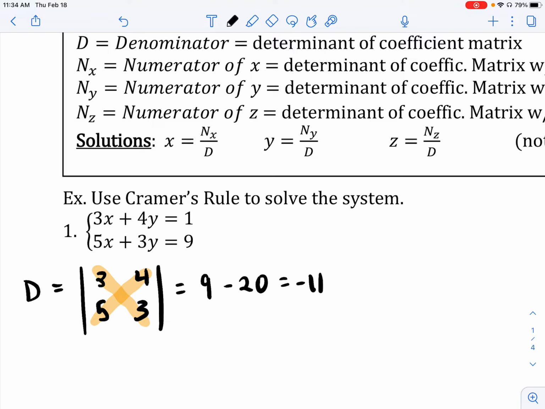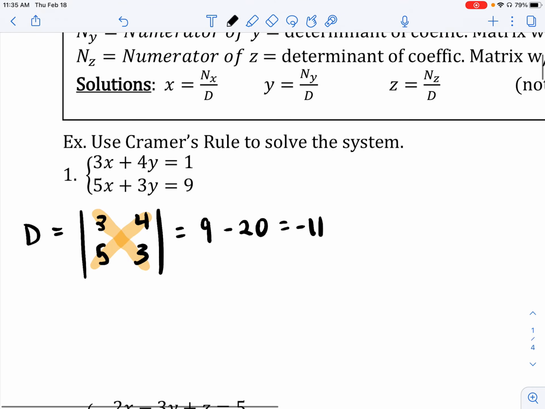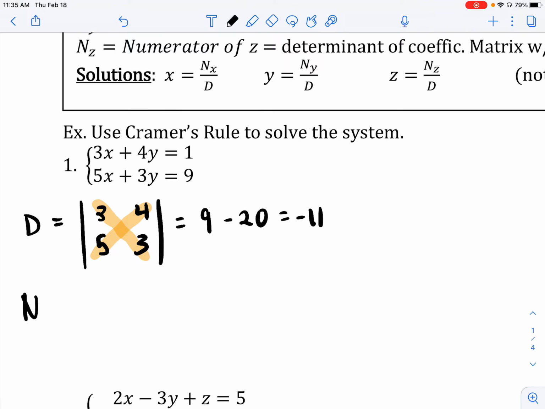Now, next up, we are going to repeat this process, but what we're going to find is something called n sub x, and that's going to be the numerator of our x. What we're going to do is take the same matrix, but we are going to replace our x column. In other words, we're going to replace this x column with our constant column, with these values.